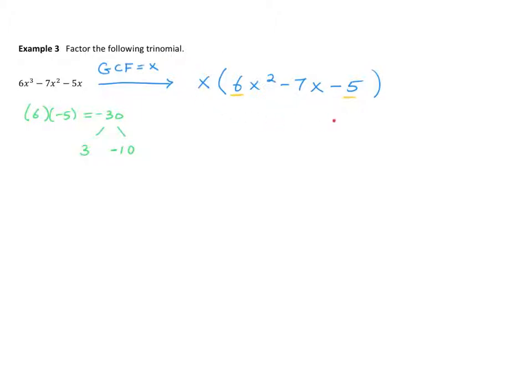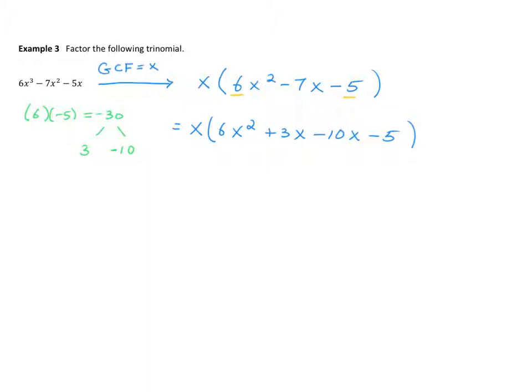I'm going to copy this whole line down again, but I'm going to rewrite negative 7x as 3x minus 10x. Let's write that out. I get x. I'm leaving that alone. I have 6x squared plus 3x minus 10x minus 5. So all I did was split this thing apart using those two numbers.